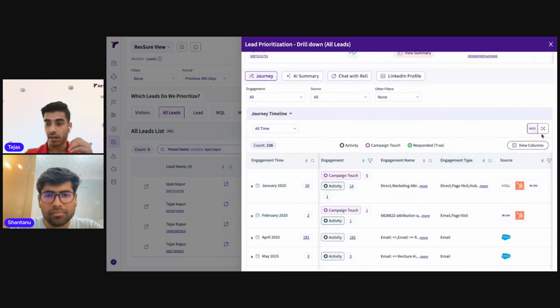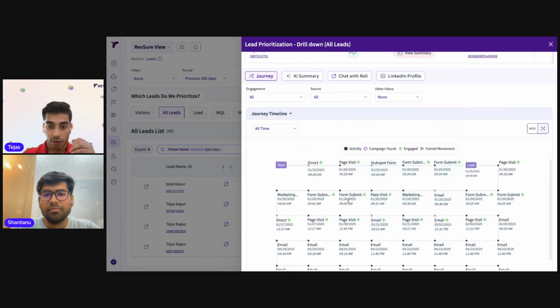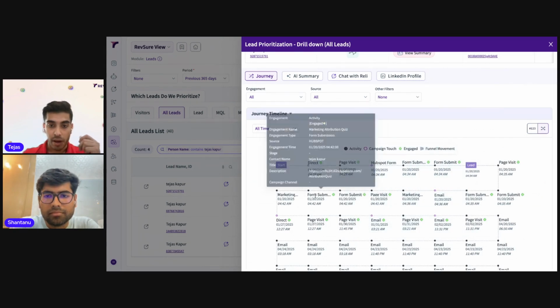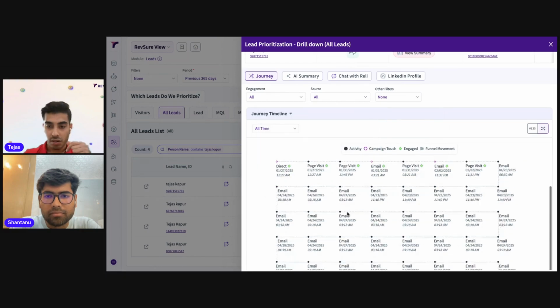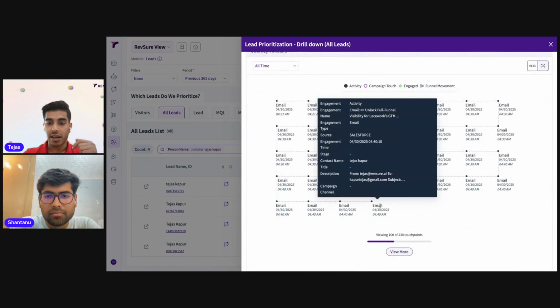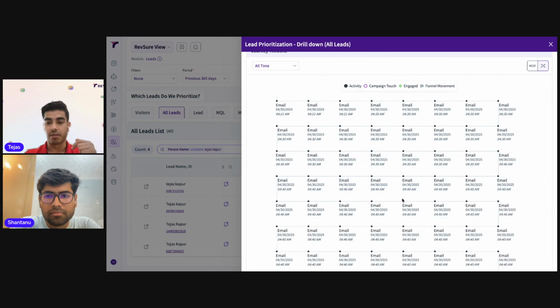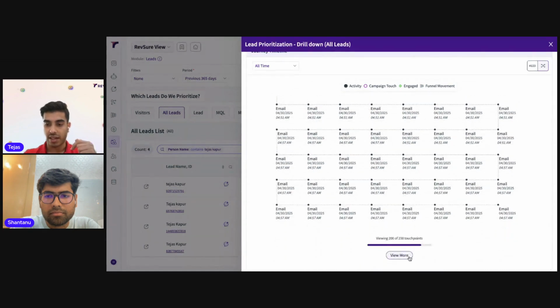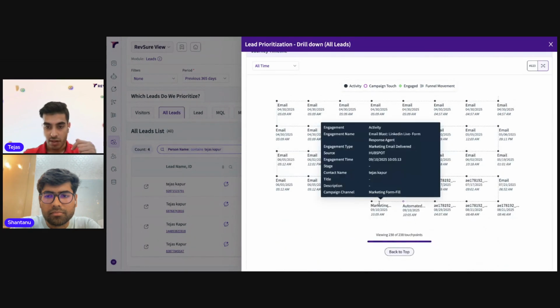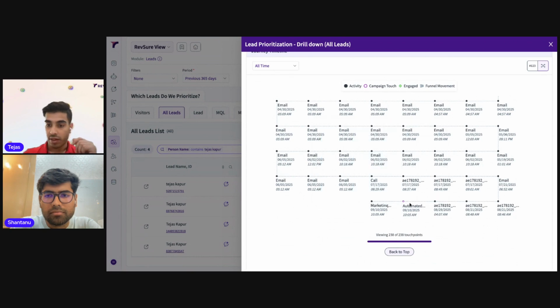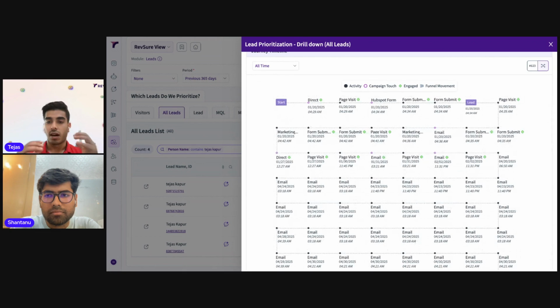You can see that it's got the page visits, the form submits, it's got my form submit of a marketing attribution quiz, it's got every single email touch, every single interaction that I have made, which is captured by RevSure and taken in as context for the agent. Every email, every form fill is captured and understood by the agent, which then understands what touches to use as reference and what to write the email around.